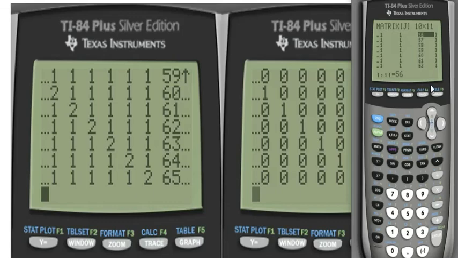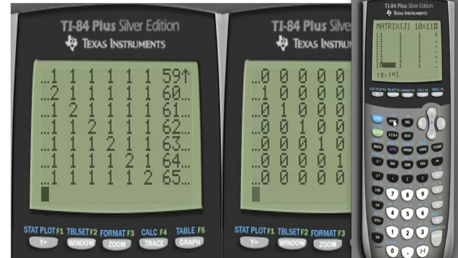So let's make sure our entries are correct. So we have 56, 57, 58, 59, 60, 61, 62, 63, 64, 65. Then we have 2's in the diagonal and 1's above and below the diagonal.